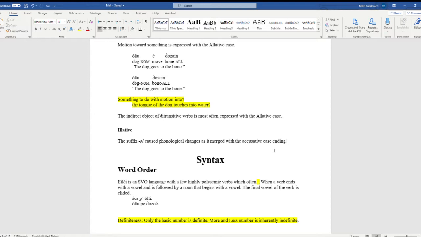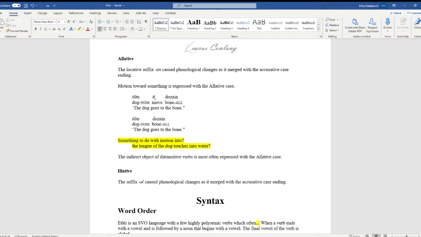I'm at that point now where I've defined all of the cases for the language, and I'm just sitting down now doing some fun little tangenty stuff that I don't really know what it's going to end up with, but that's fine. Right now I had this question of how do you do motion into something?